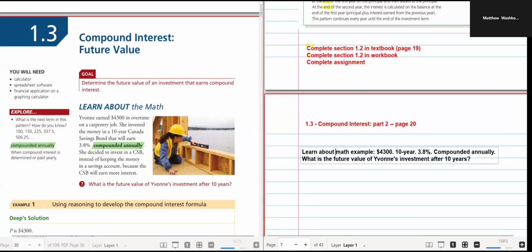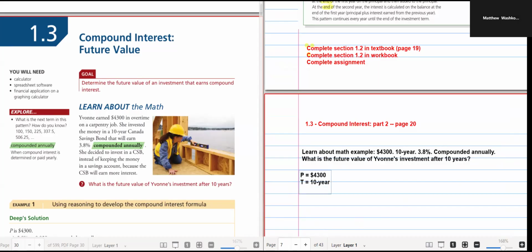So starting out here, here's what I know. I'm going to start with putting this stuff here. The principal, which we refer to as P, was $4,300. The T, which is the term, how long the loan is, is 10 years. The interest rate, which is I, was 3.8%. Now, I need to turn that into a decimal figure, right?